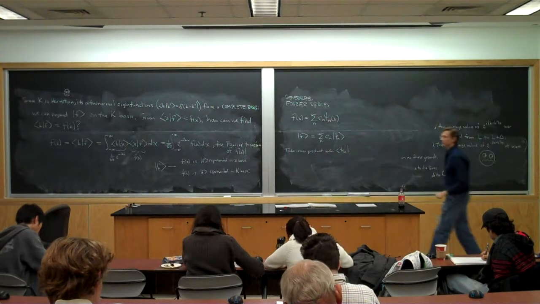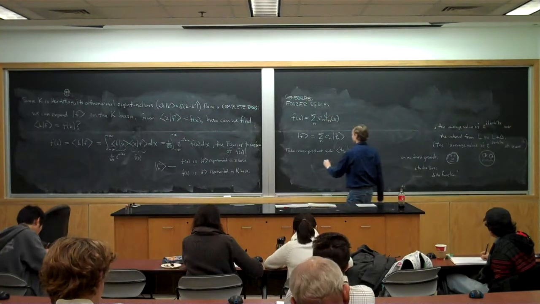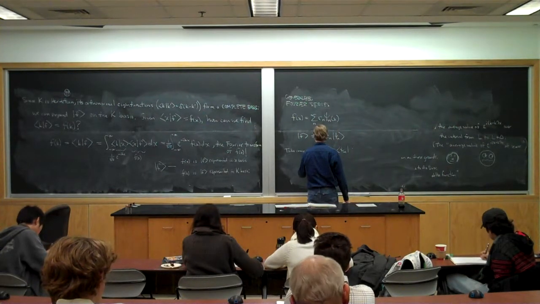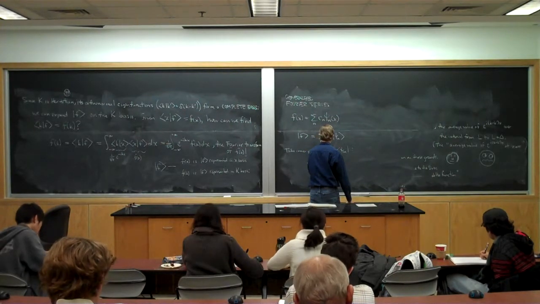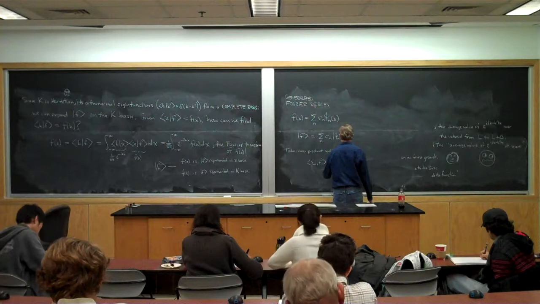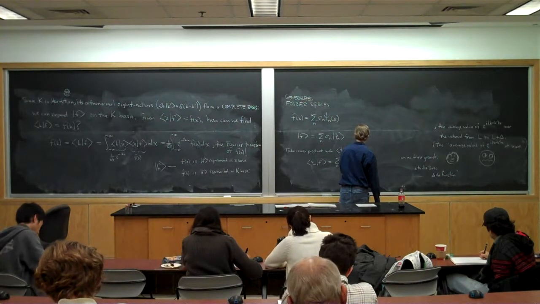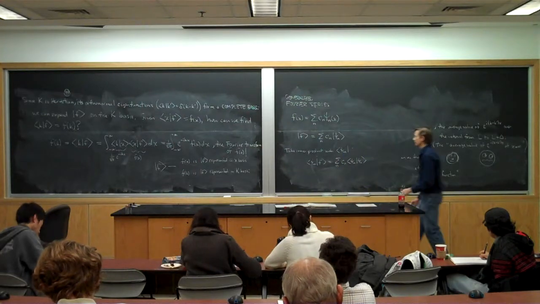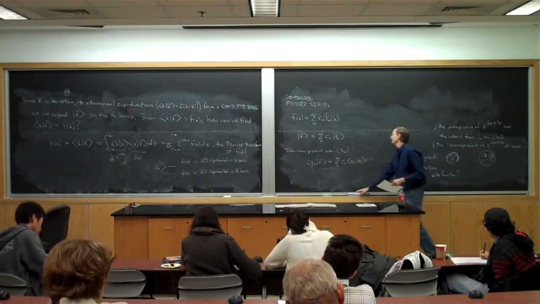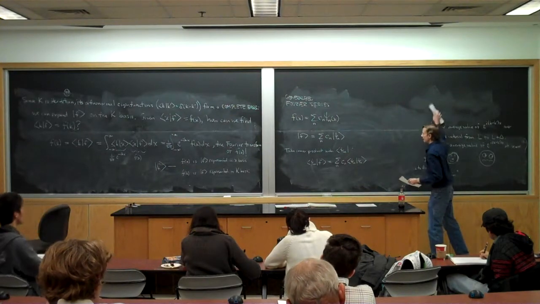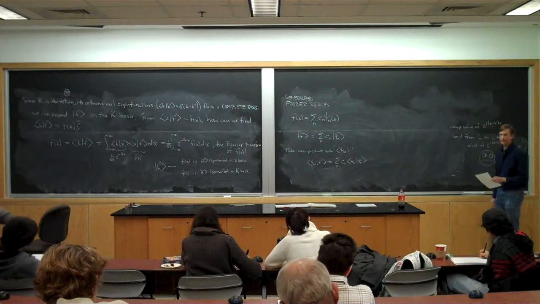Take the inner product with psi m. The inner product says f projected back onto psi m is the sum of the Cn inner product of psi m with psi n.